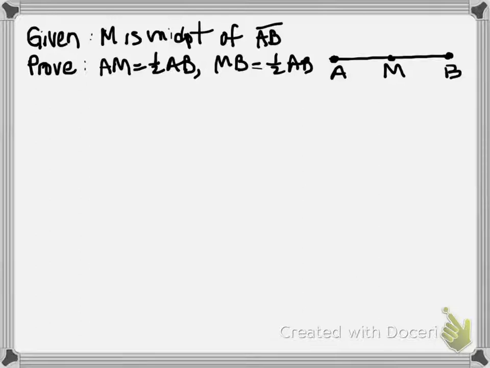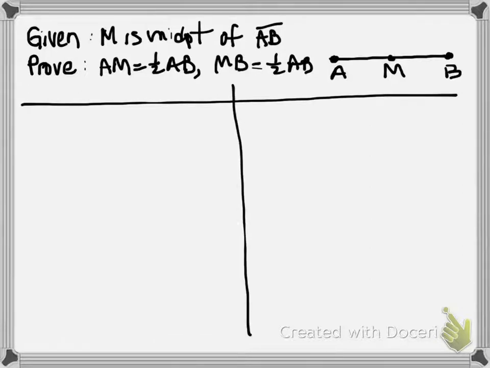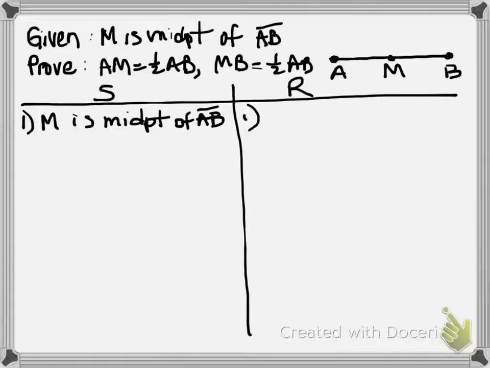And so we'll start with a given. In our two-column proof, we have statements on the left and the corresponding reason on the right. So we start with M is the midpoint of segment AB, and the reason we can write that is it's given.